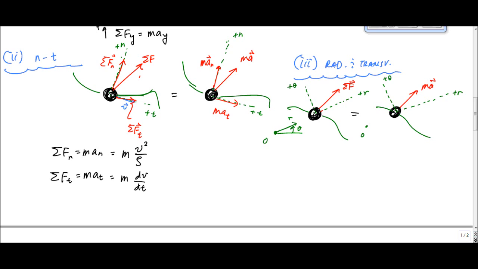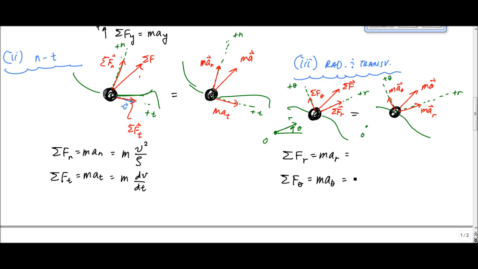So this would be my sum of the forces in the radial direction, and sum of my forces in the transverse direction, and the same thing for my inertial terms in the radial and transverse directions. Then I apply Newton's second law, or the equation of motion, in each direction. Sum of the forces in the r is equal to m a_r. Sum of the forces in the theta is equal to m a_theta.